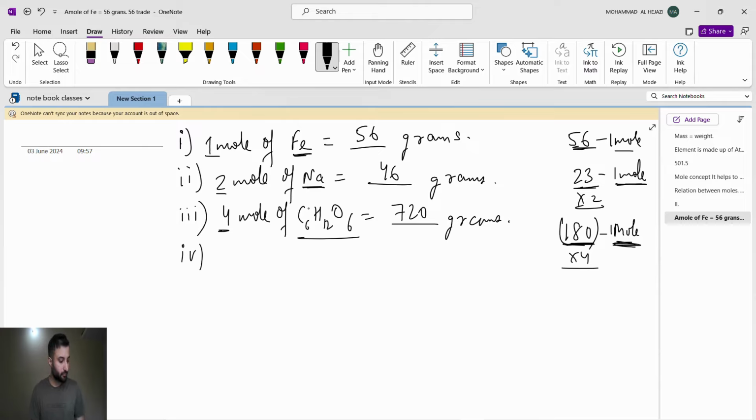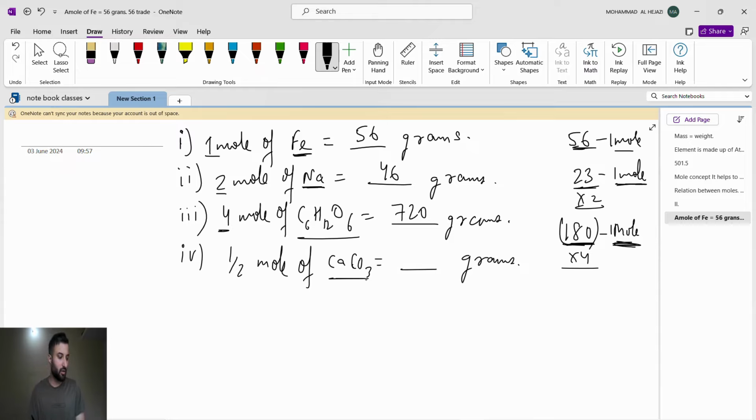Okay. Next is half mole of CaCO3. What will we do? First of all we have to find the molecular mass of CaCO3.